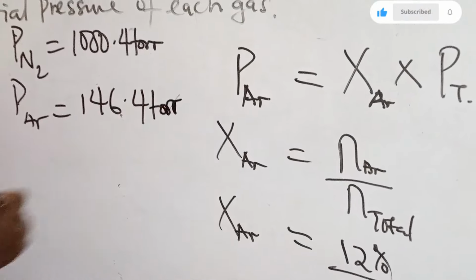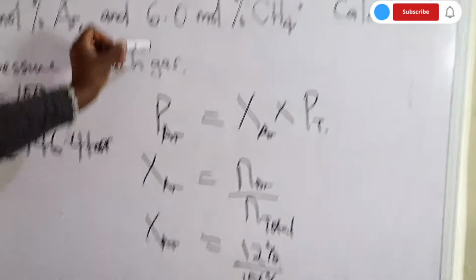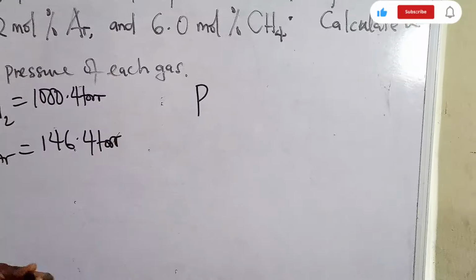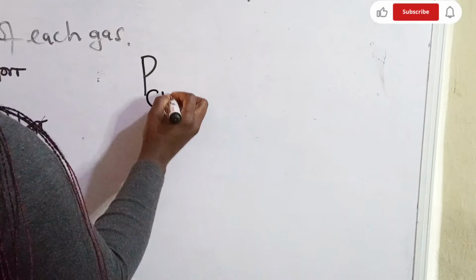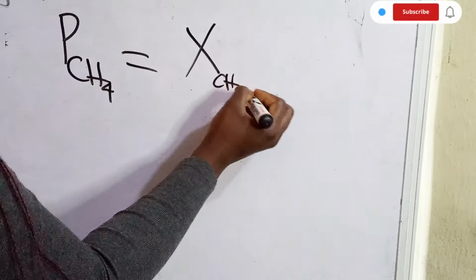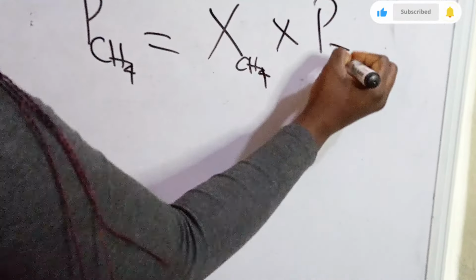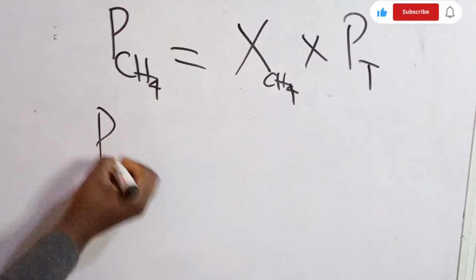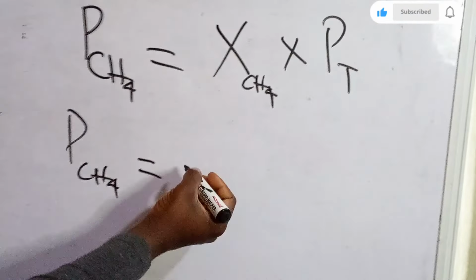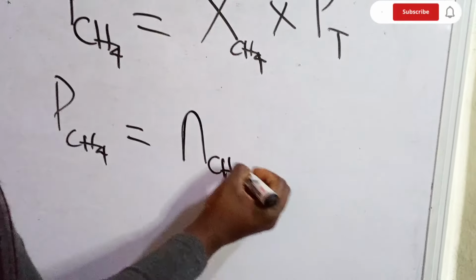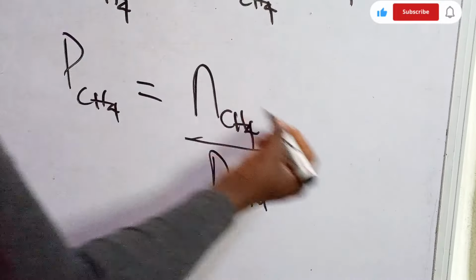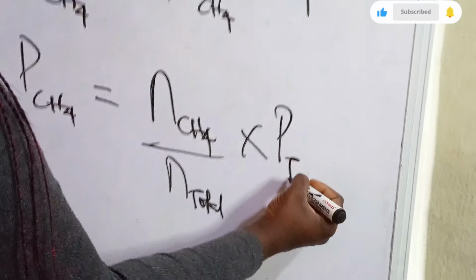So let's do that of methane gas, which is the partial pressure now for methane. The partial pressure of methane, CH4, will be the mole ratio of methane times the total pressure. You are going to use the same formula, which is N methane over N total, that is the total of all the gases, times the total pressure.